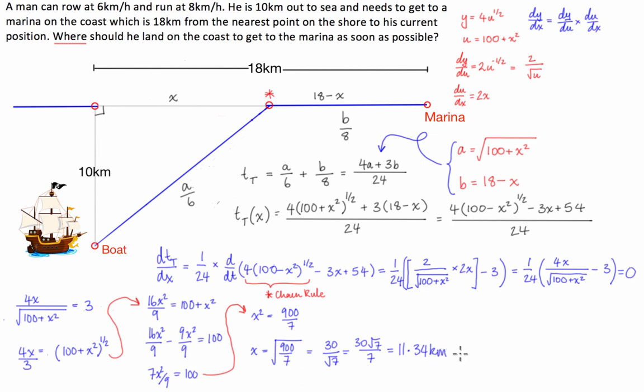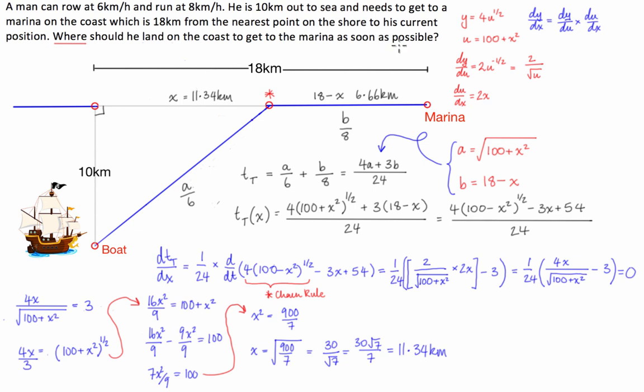Now, what does that mean? Well, it means that this x value that we've got in our diagram is equal to 11.34 kilometers, which also means that this part here is equal to 6.66 kilometers.